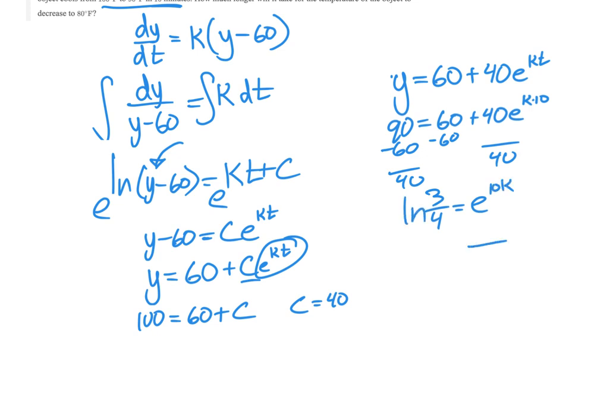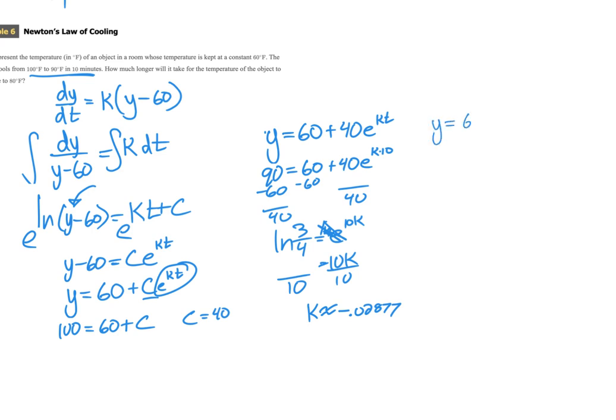Natural log of both sides, divide by 10k. So natural log, the e cancels. Natural log of 3/4 divided by 10 is approximately negative 0.02877. So we type that into our calculator. So now we have our full equation.